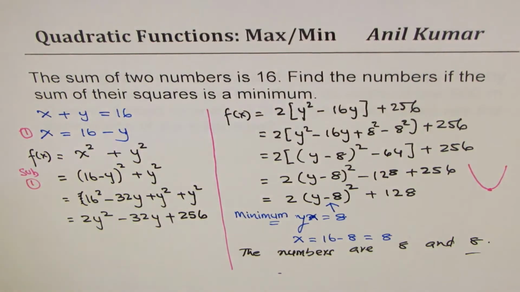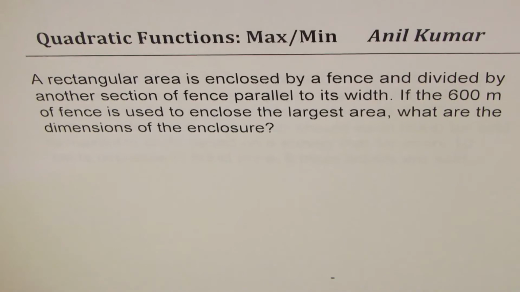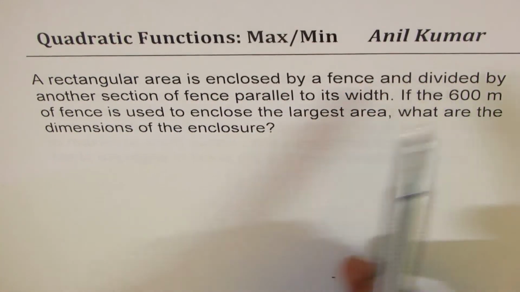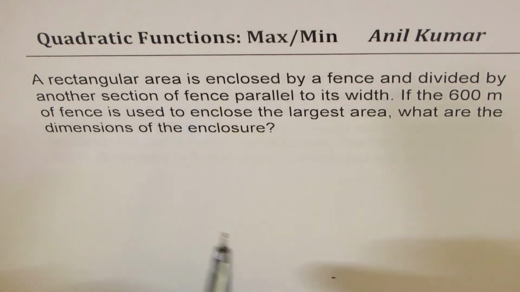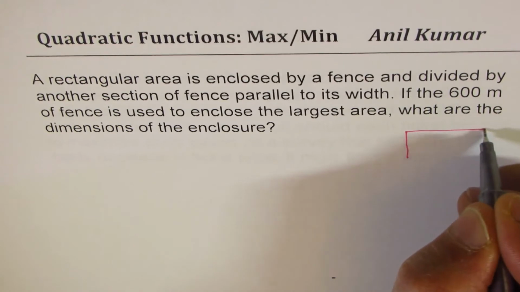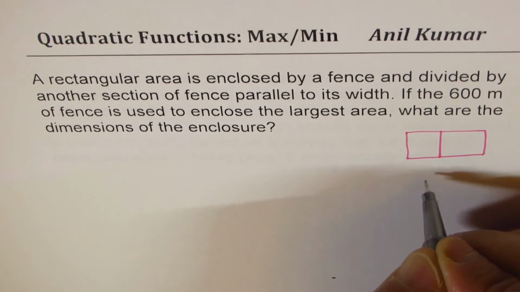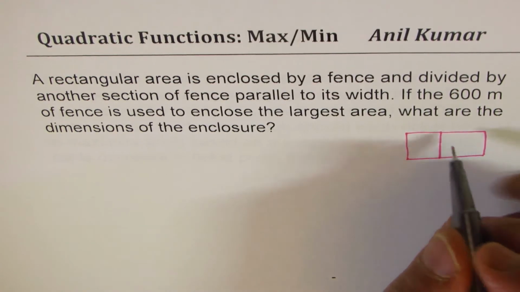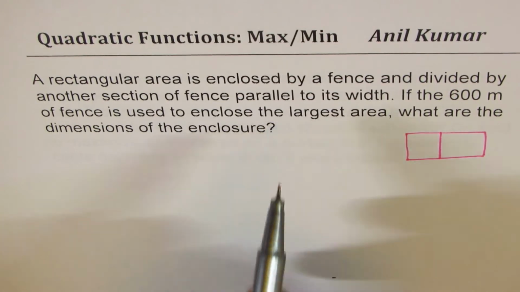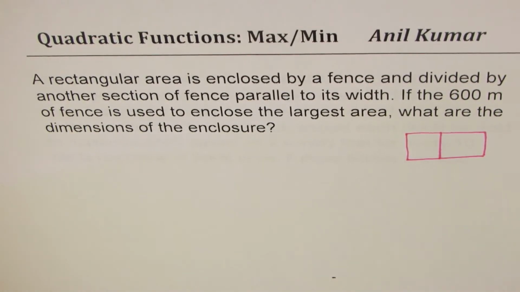Now let me take the next problem. Here we are given a rectangular area enclosed by a fence and divided by another section of fence parallel to its width. So let's make a rectangle here. If 600 meters of fence is used to enclose the largest area, what are the dimensions of the enclosure?